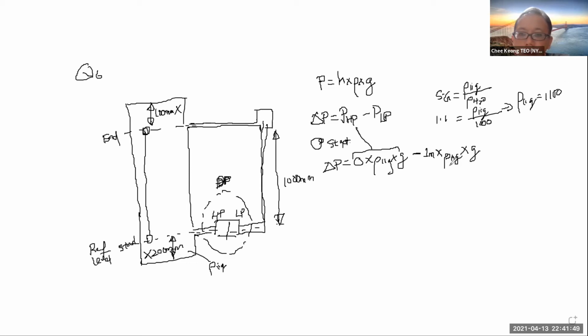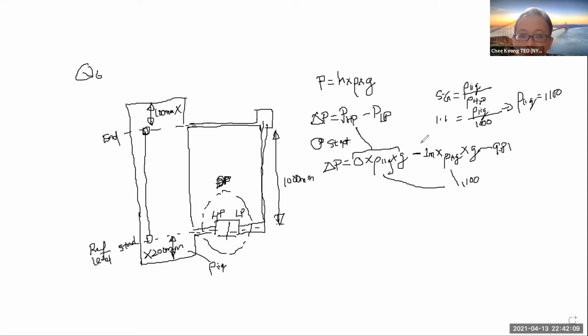So this rho liquid will be 1100 for both cases, because they are using the same liquid. Of course, your G will be 9.81, gravitational force. Right? So for this case, you would be able to calculate.